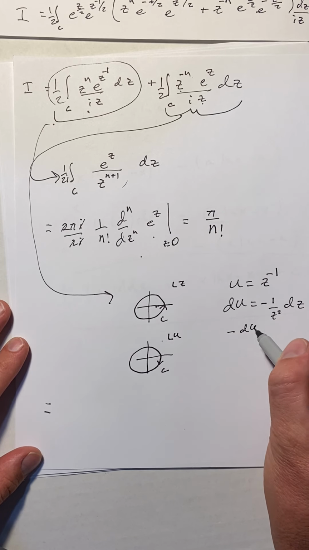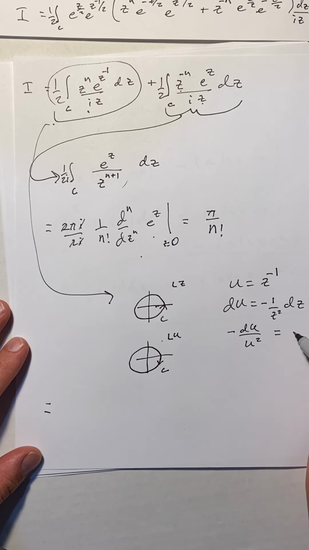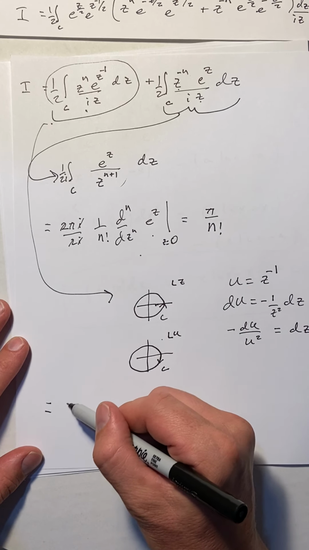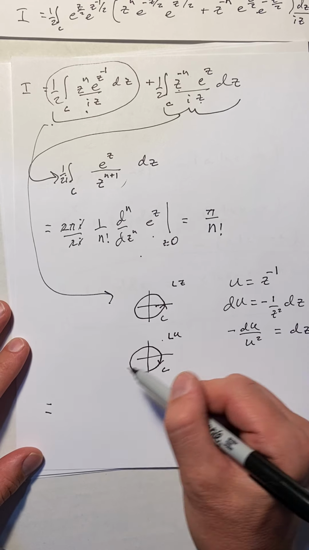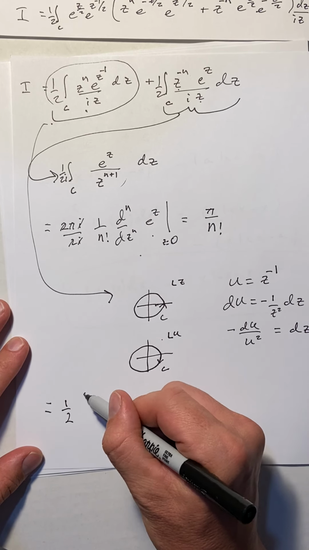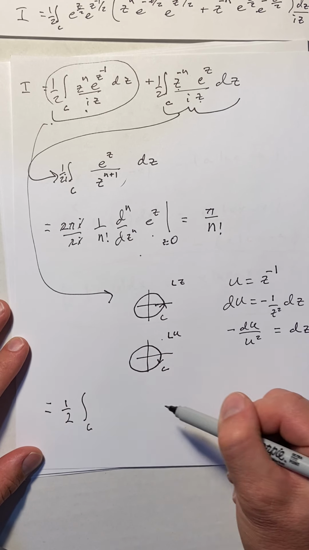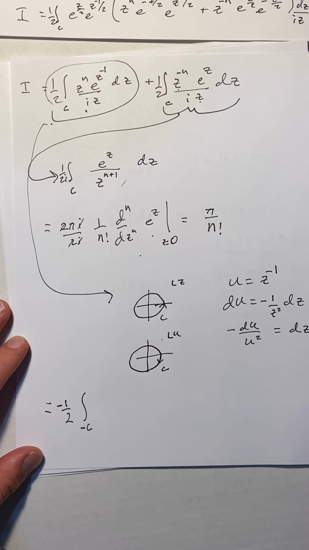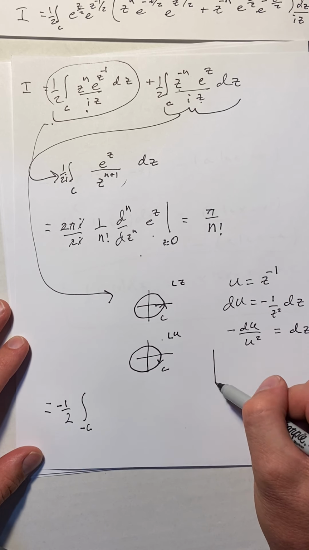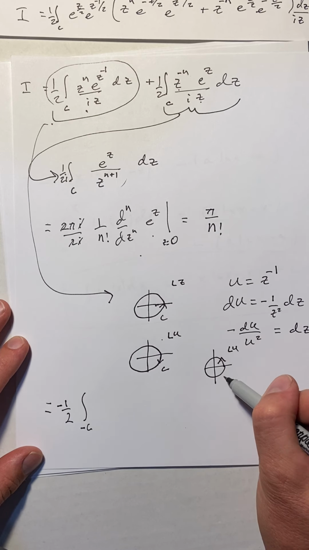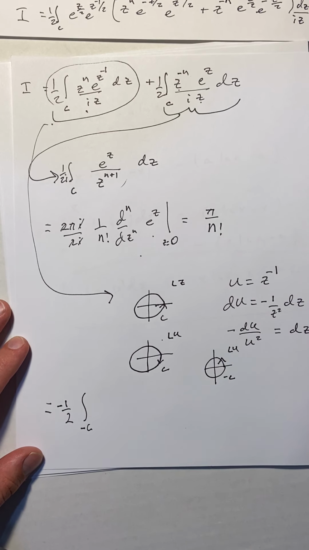So minus du over u squared is equal to dz. That first integral then becomes 1/2 the integral over C. I'm going to put a negative sign on here and put a negative sign on the contour, so negative C in the u-plane goes in the counterclockwise direction.